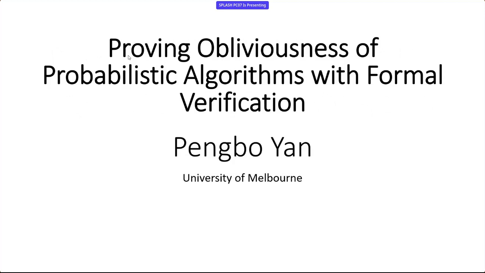But the probabilistic version is a little bit harder to reason about, and there are only a few works of formal verification logics that try to do this. I will try to extend existing work called PSL, which is probabilistic separation logic, to reason about verifying obliviousness, which is a probabilistic version, and I will talk about that.